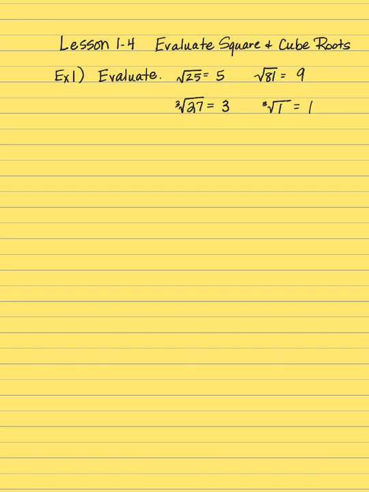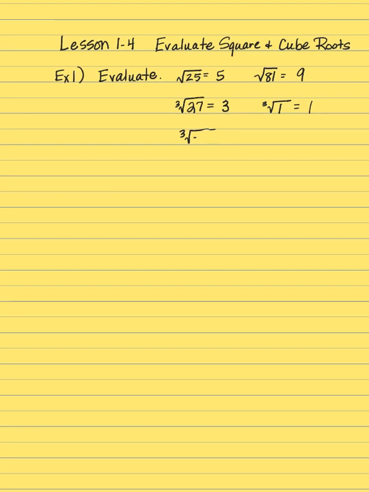One thing you do need to know, that it is possible to have a cube root of a negative number. Let's say, for example, the cube root of negative 16. Let's not do that. Let's do one that comes out even.